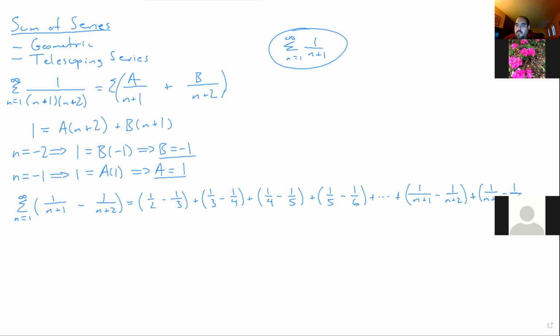There should be a limiting value, right? Yeah. And that's why I'm writing out so many terms. Hopefully you're noticing that these internal terms will all get canceled out.